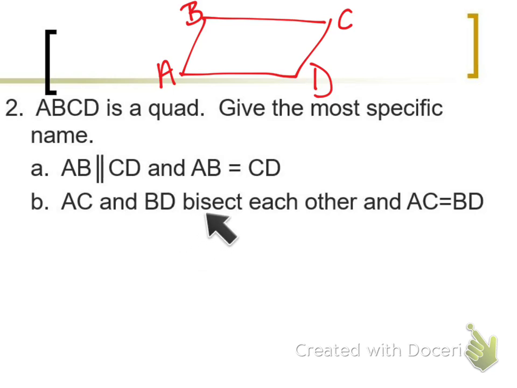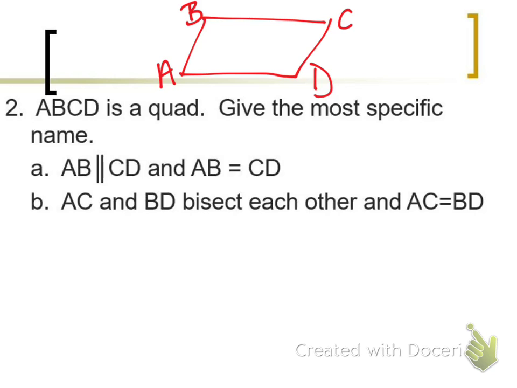So this is telling us that our diagonals bisect each other and that they're equal to each other. Diagonals bisect each other and are equal or congruent to each other. What does that fit? I heard one person kind of say it. Angel? A square.